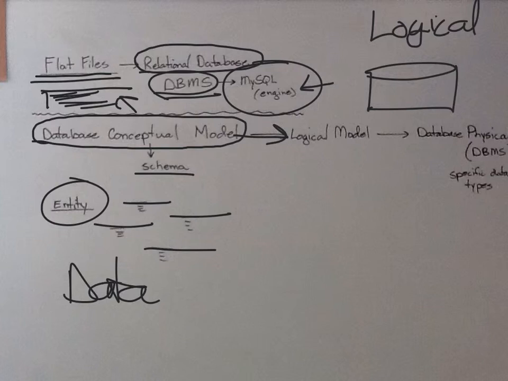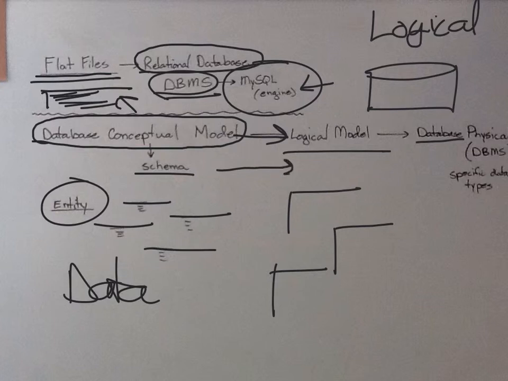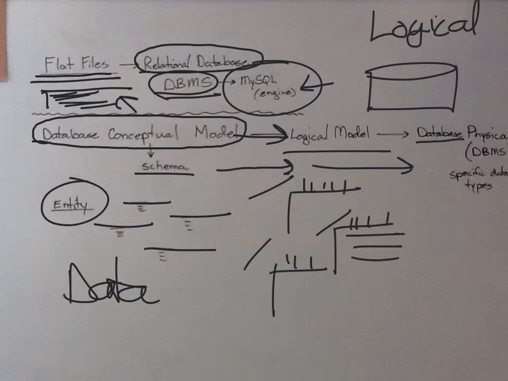Convert that into a logical model. Maybe sometimes it starts looking like tables. And that's going to communicate to a physical model. In this transition, we get more detailed with the information. We not only start creating entities as tables, create attributes, we start looking at what we're going to put in there.